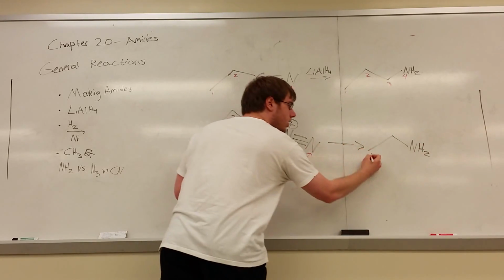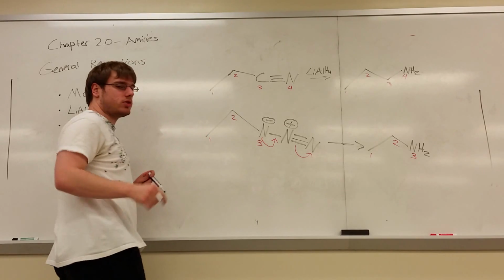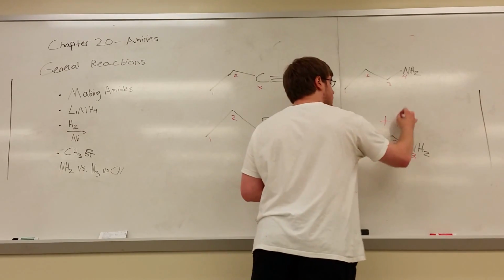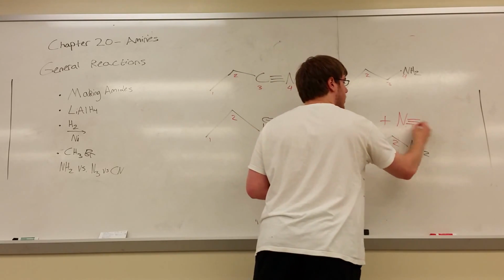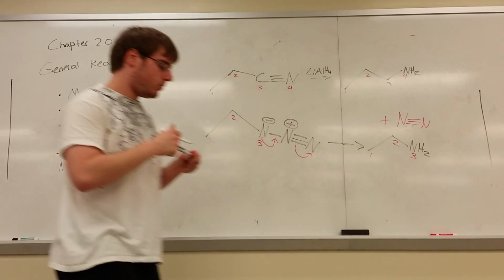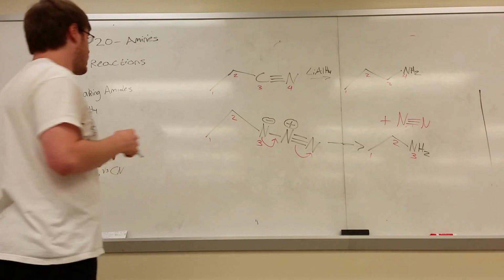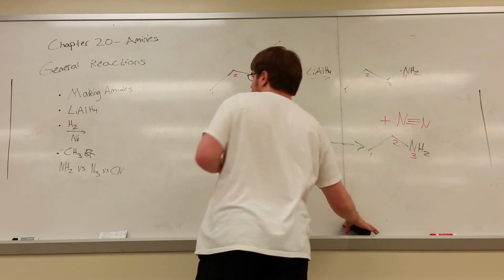So I have carbon 1, carbon 2, and then nitrogen 3, which was directly attached to carbon 2. The other two nitrogens will be released as nitrogen gas, as N2 gas. Or if I drew that out, N triple bond N. Okay? We'll be seeing that N2 positive is a very good leaving group in a number of mechanisms coming up. But for now, don't worry about it too much. We'll see it in future videos.